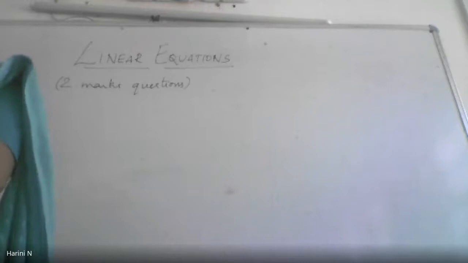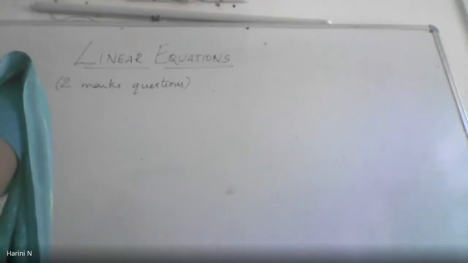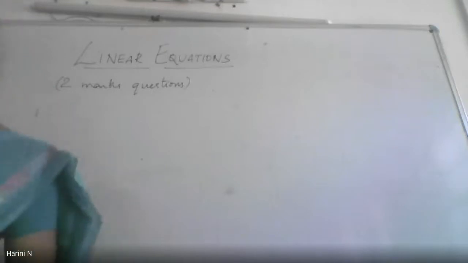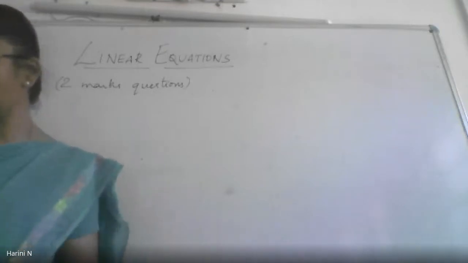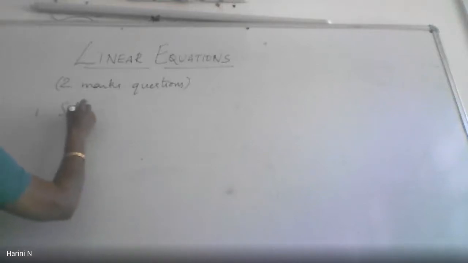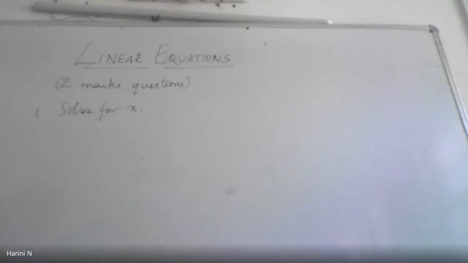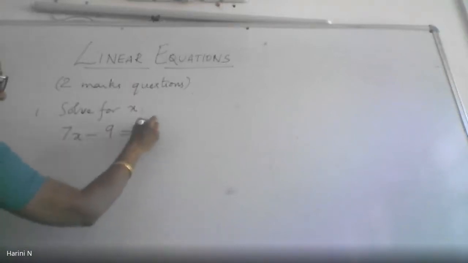Because it is a revision class, I am expecting you will solve the equation. You will not make me solve the equation again. For these 2 marks questions, you will have questions like this: solve for x. The equation is 7x minus 9 equals 16.